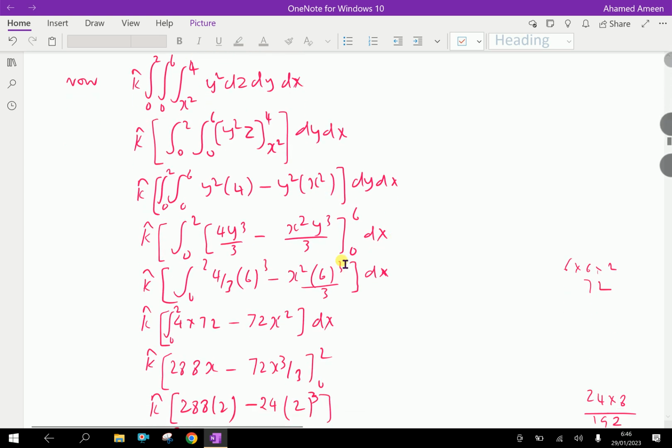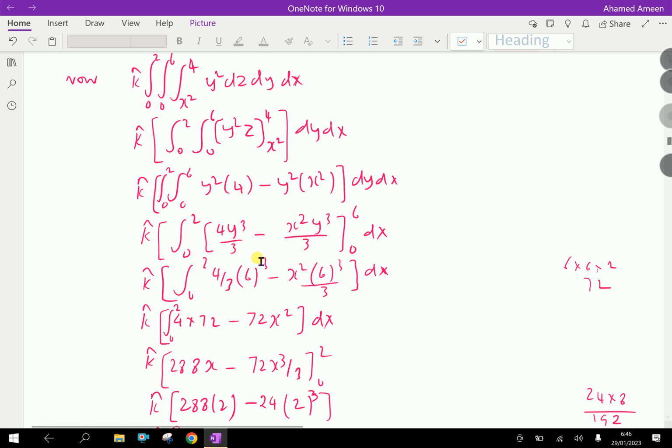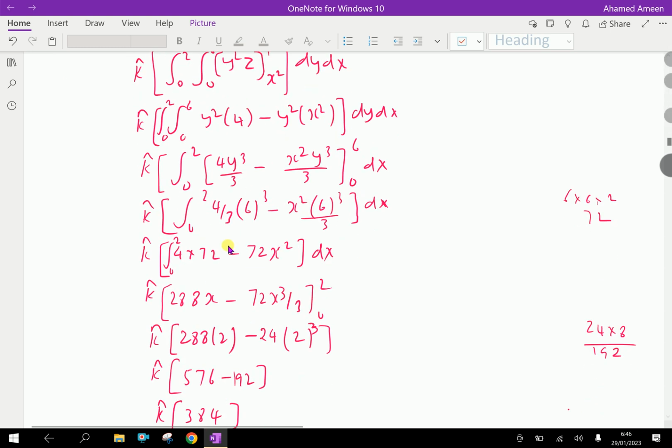After simplifying, we get 4y cubed by 3 minus x squared y cubed by 3. Now we integrate further the 0 to 2 part, giving the limits 6 and 0: 4 by 3 times 6 cubed minus x squared times 6 cubed by 3.